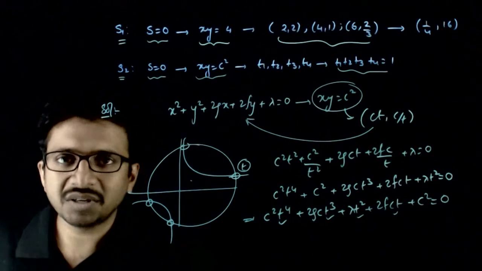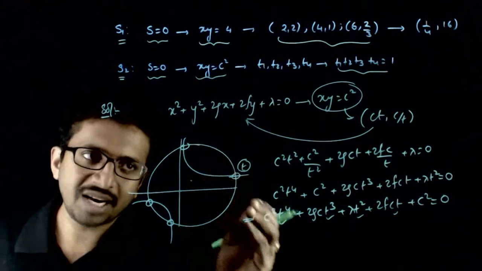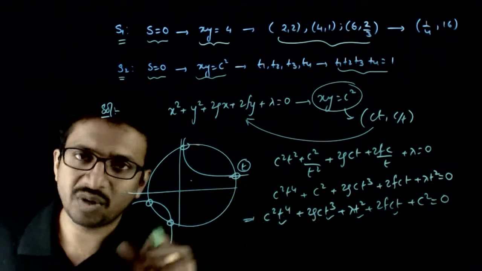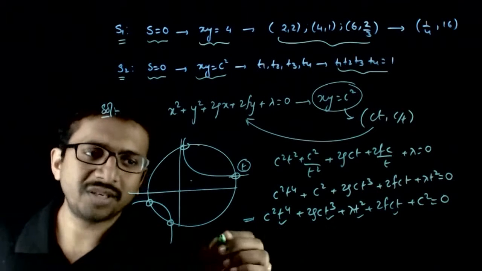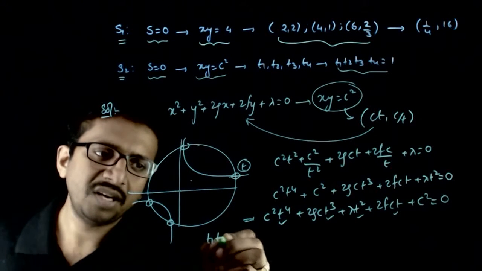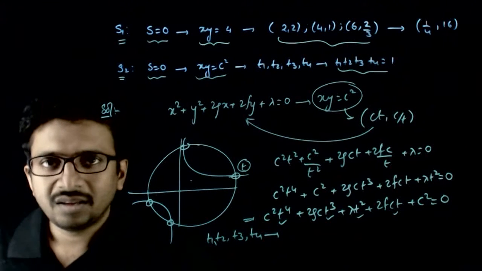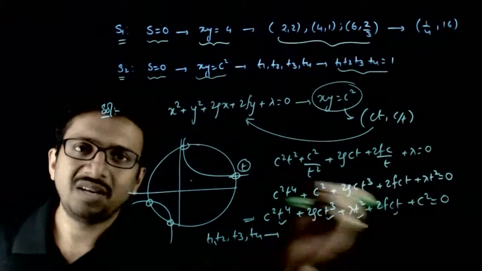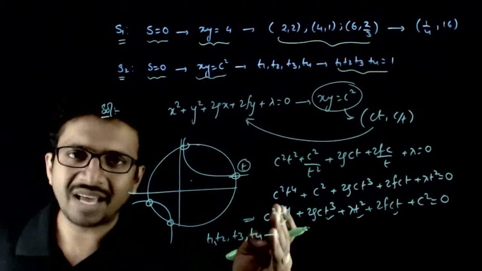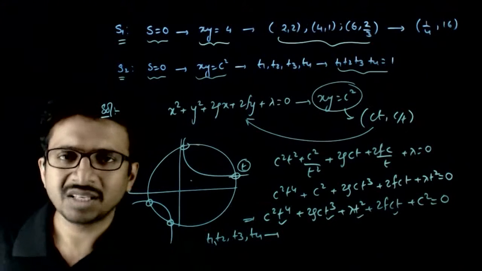Now this is a 4th-degree equation. You can have a maximum of 4 solutions. That means a circle can cut the hyperbola xy is equal to c square at 4 points. So let the 4 points have parameters t1, t2, t3 and t4. Now these will be the roots of this equation. To find the exact roots of this equation is out of the question because you don't have any given numbers.